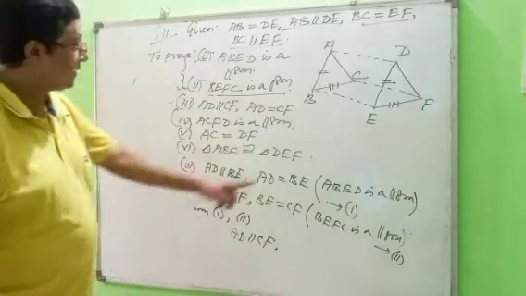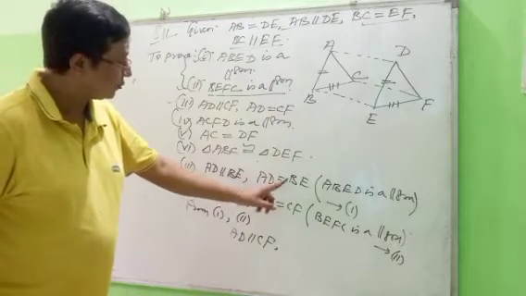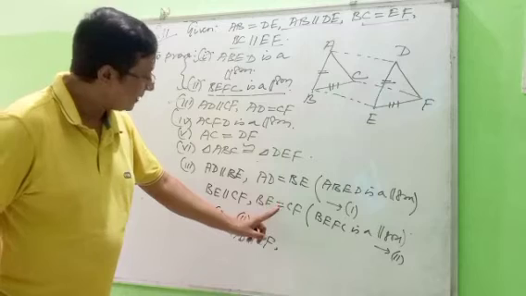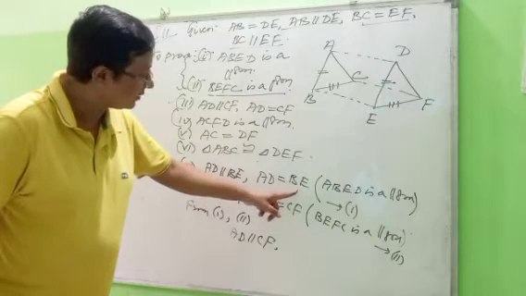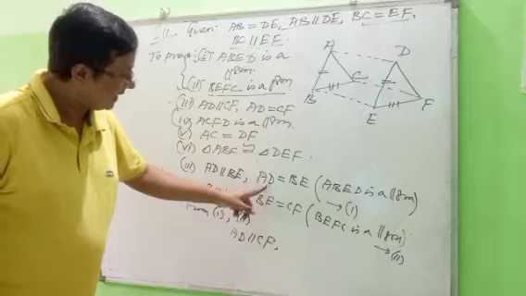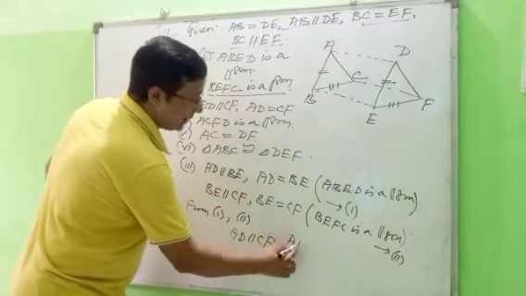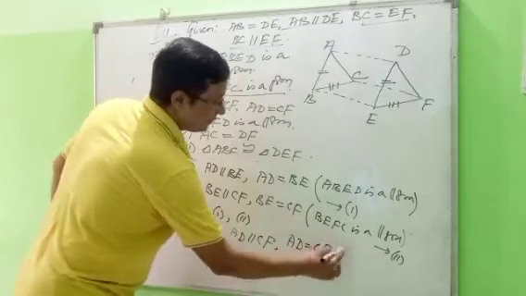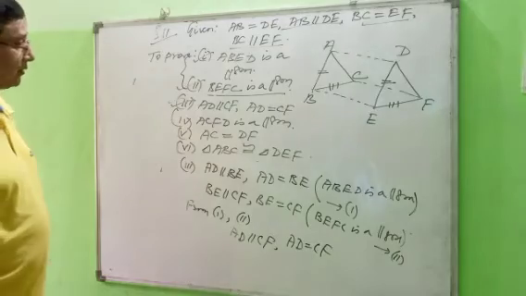And then from these two equations, you will get that AD equals to BE, BE equals to CF. So you see here BE is present in both the equations. That means AD equals to CF. So you will get AD equals to CF. So from this you have got proof number 3.